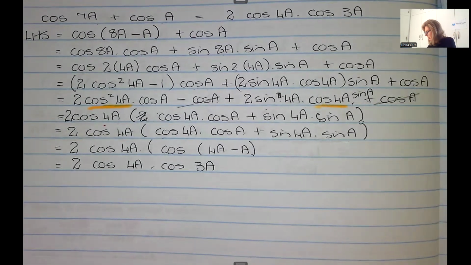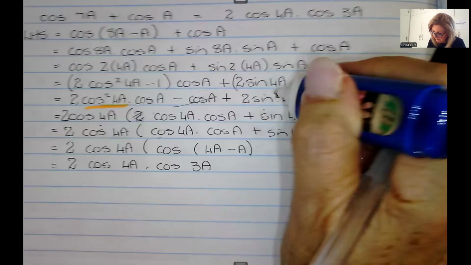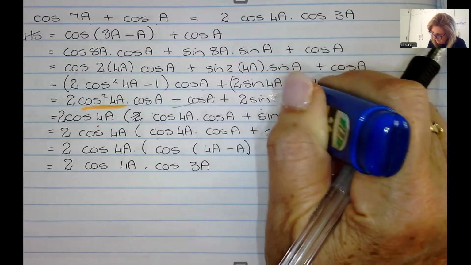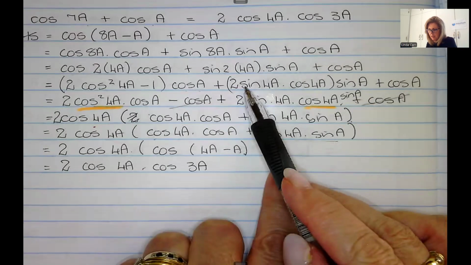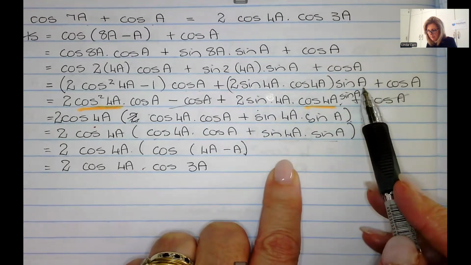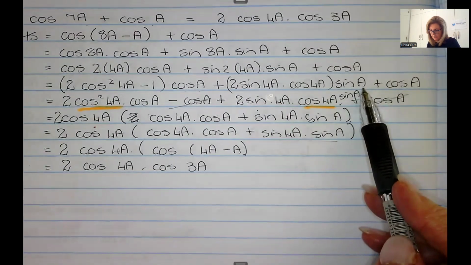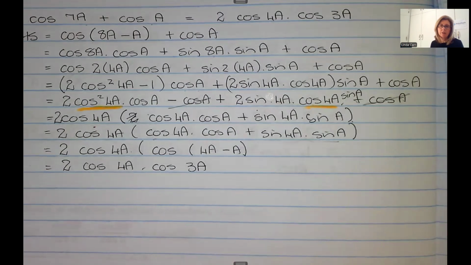All right, so just to make that look a little bit neater, taking you back to this step, it's a sine 4a cos 4a times a sine a. The angles are different, and so we have to keep them all in a long string.